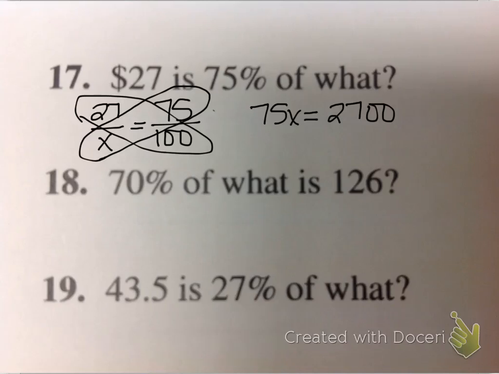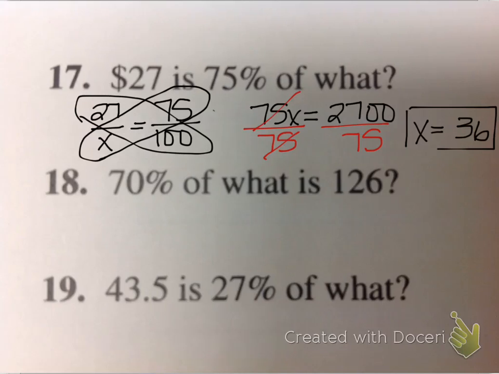Again, to solve, I have to divide so that I get the x by itself. That's going to leave me 2,700 divided by 75, which is 36. So 27 is 75% of the number 36.